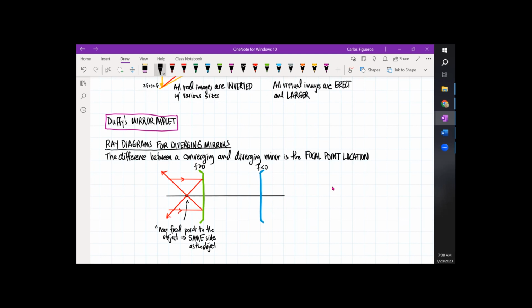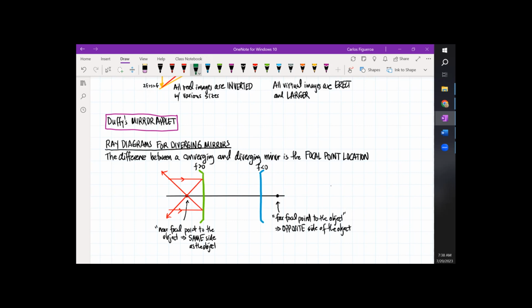The big difference here is that the focal length, I'm going to say that here, when I look at this, this is the far focal point to the object, which then means it's on the opposite side of the object. So then when I focus on those rays, that's what I gotta look at here.